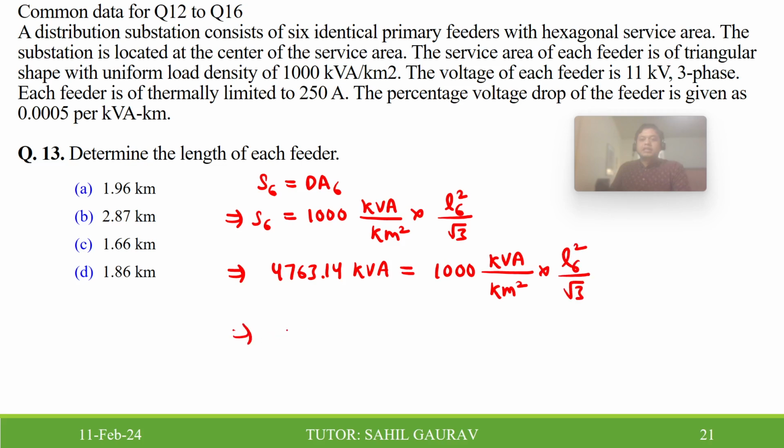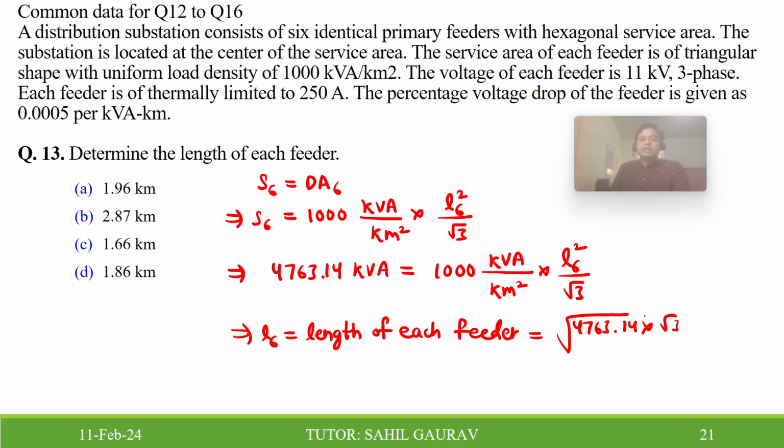So L6 is the length of each feeder in the hexagonal substation service area. So we will get 4763.14 into root 3 divided by 1000.